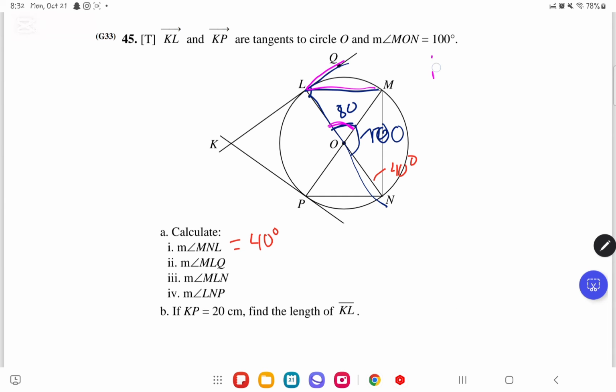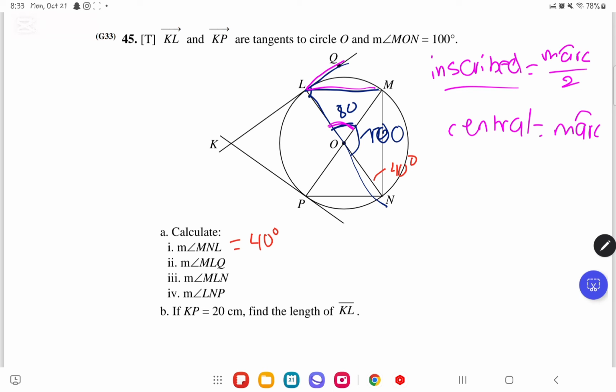If you remember the relation between the inscribed or interior angle, it is the measure of the arc over 2, and the central angle is the measure of the arc. To find the inscribed angle, very simply, we are going to do inscribed is equal to the measure of the arc, which is the central angle, which is 80, divided by 2. So then it is 40 degrees.